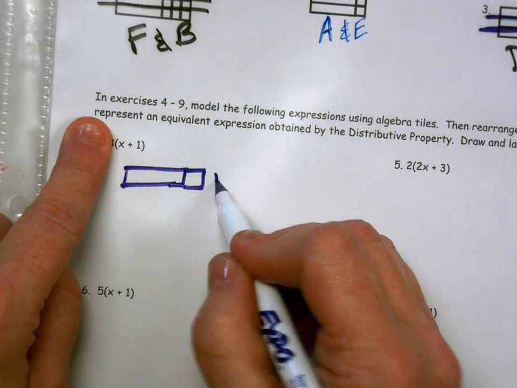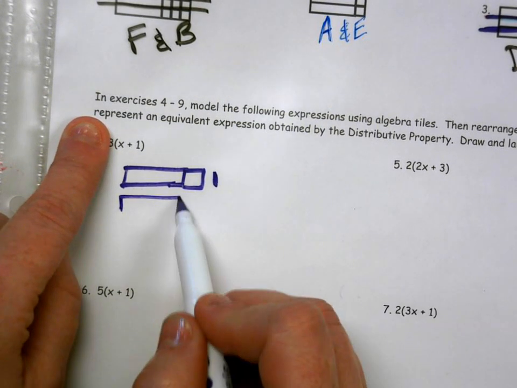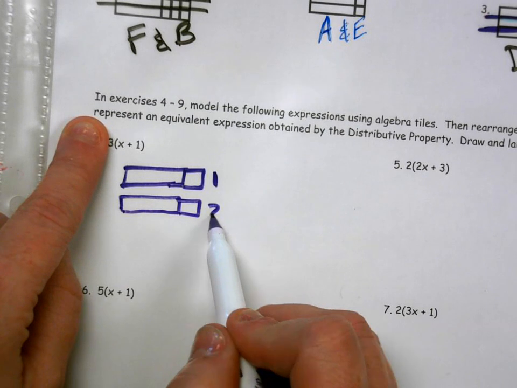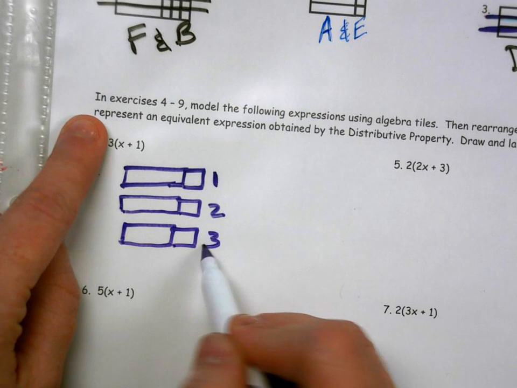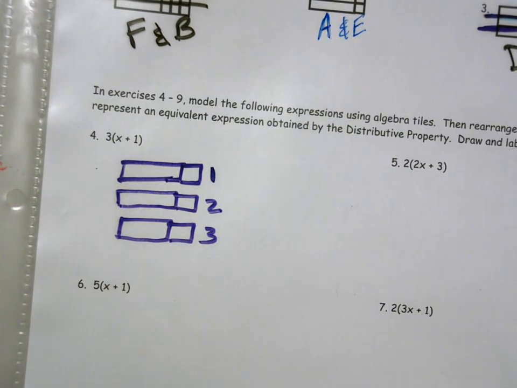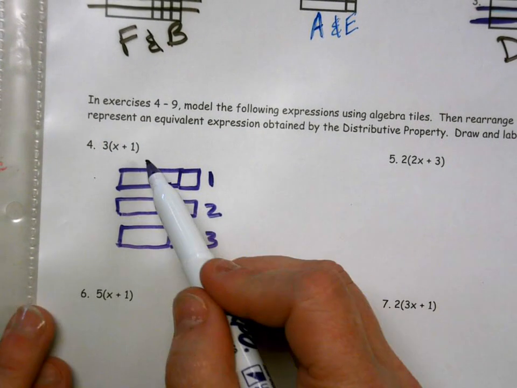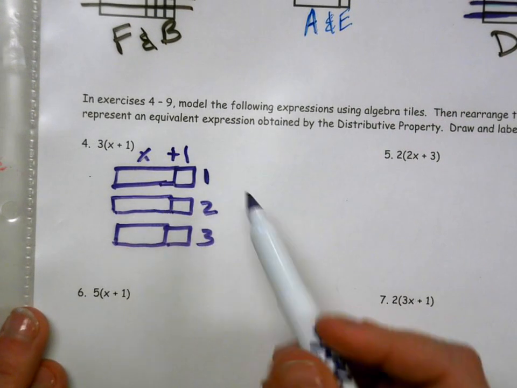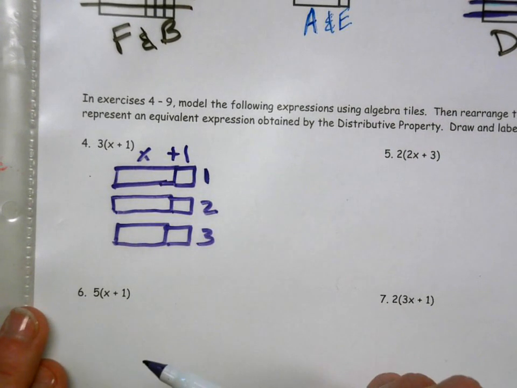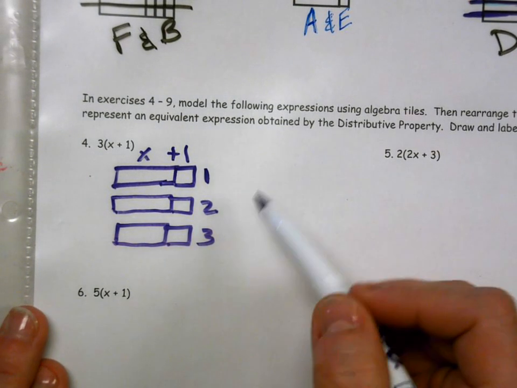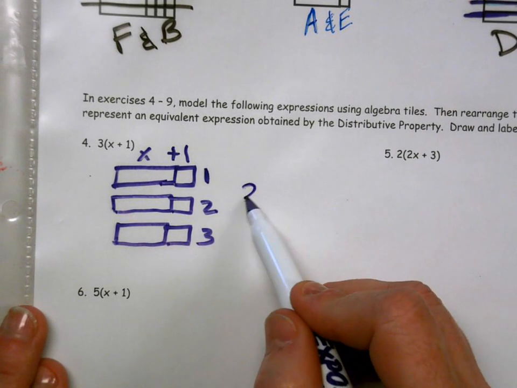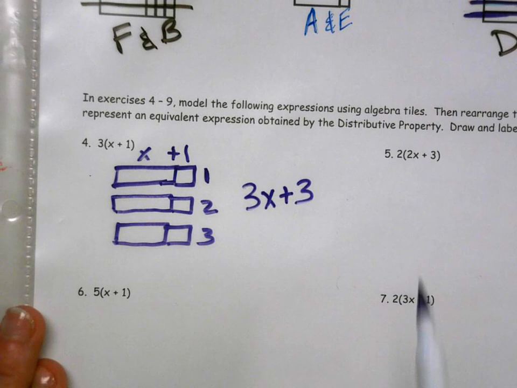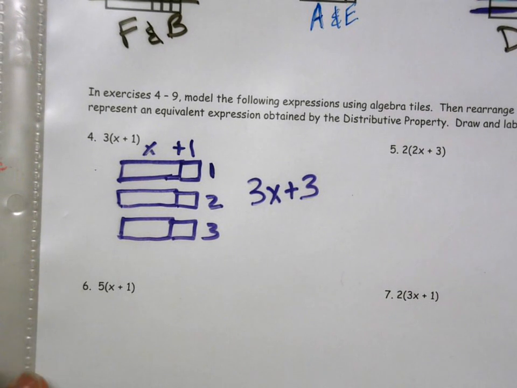So this is one group, here's a second group, and here's a third group. This is 1x plus 1 as my grouping here. So how am I going to rewrite this to be simplified? 3x plus 3.